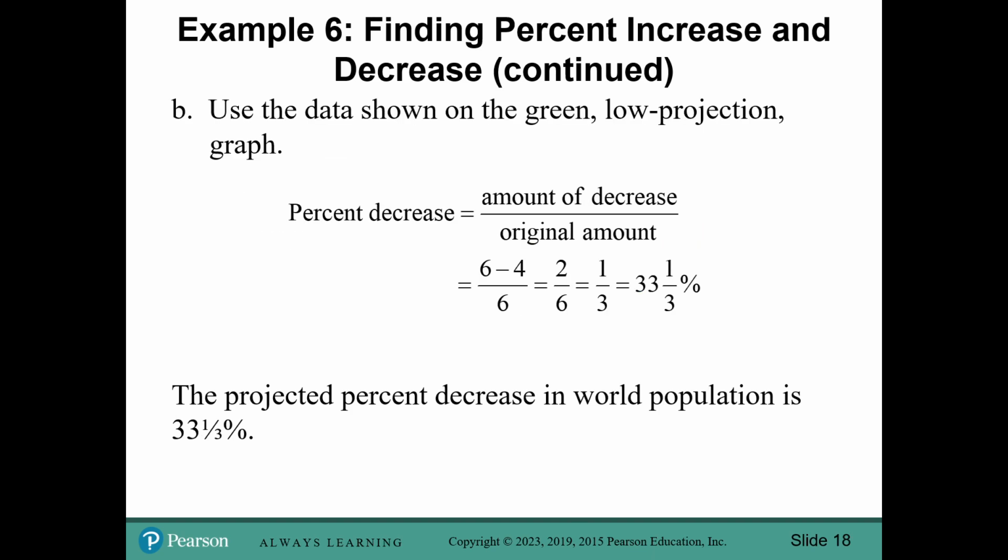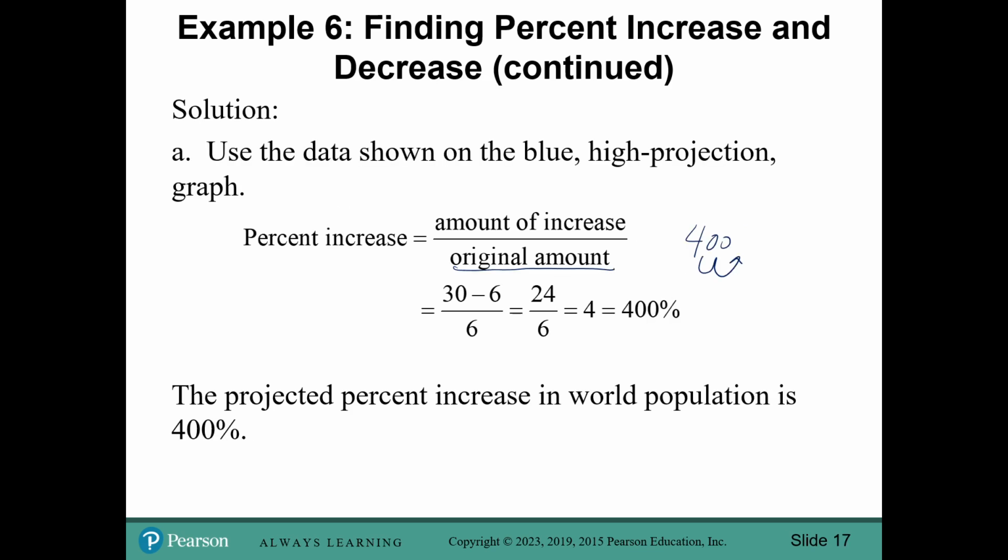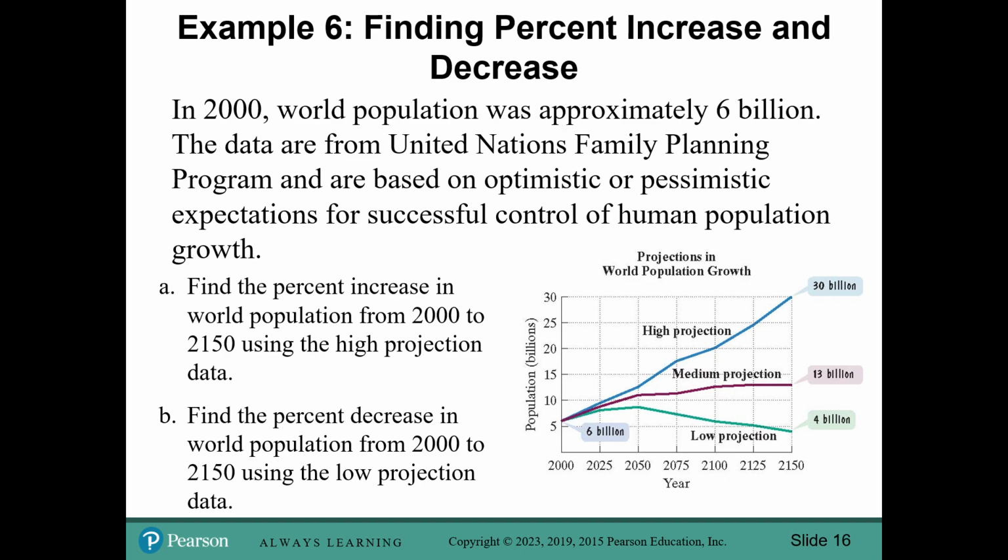Now we're going to use the data shown on the green, the low projection graph. This is going to indicate a percent decrease, the amount of decrease over the original amount. The original amount here, like we said before, is 6 billion. But our green graph shows that we're going to have a decrease with this low projection. So the actual amount of human population is going to go down.